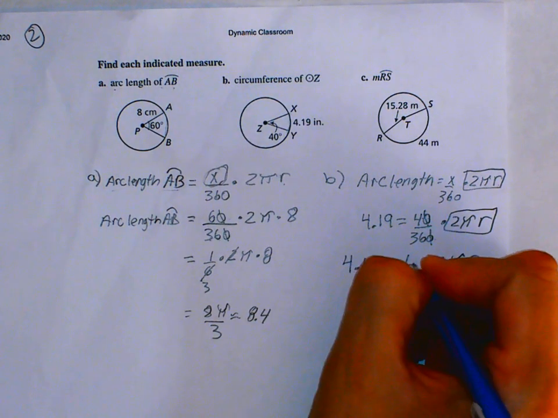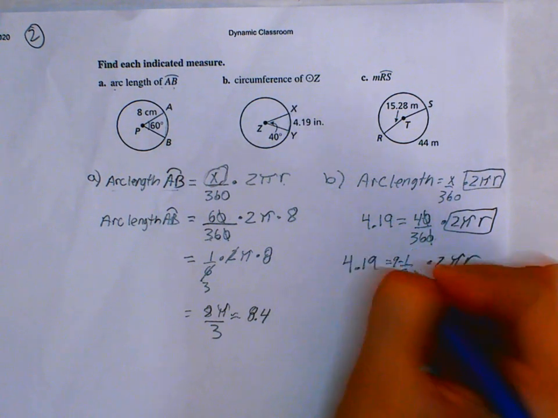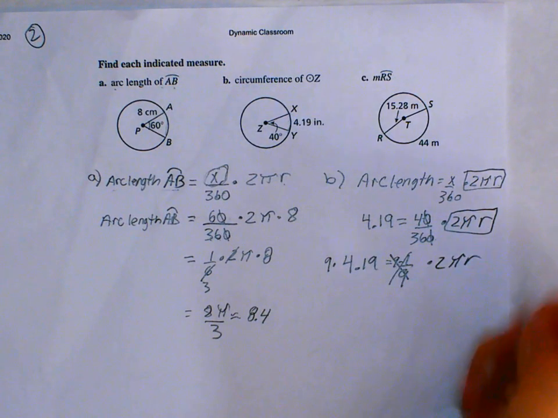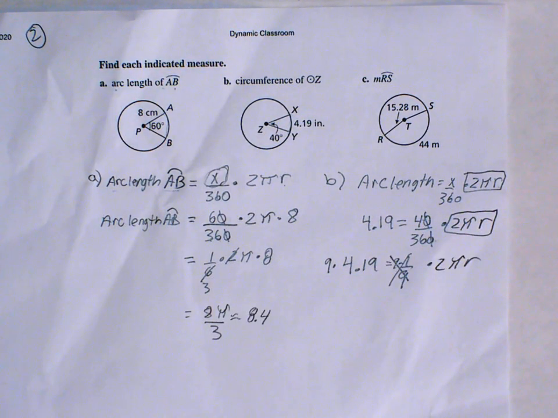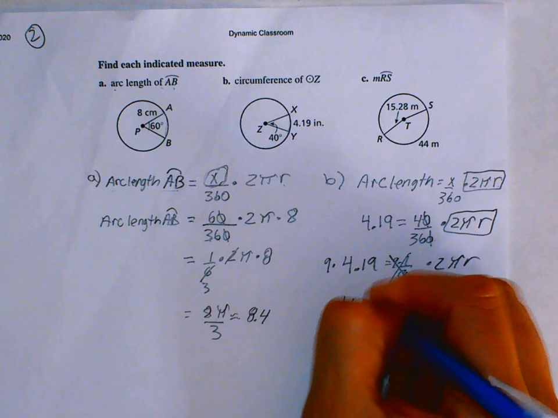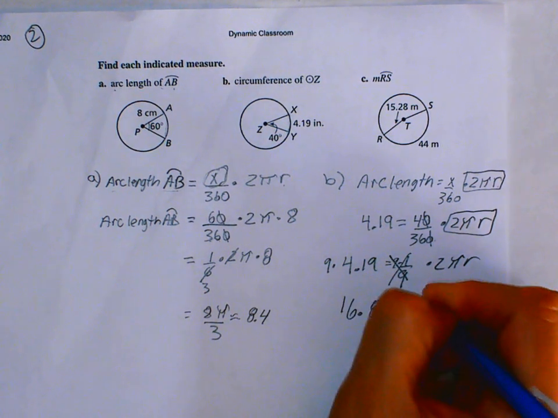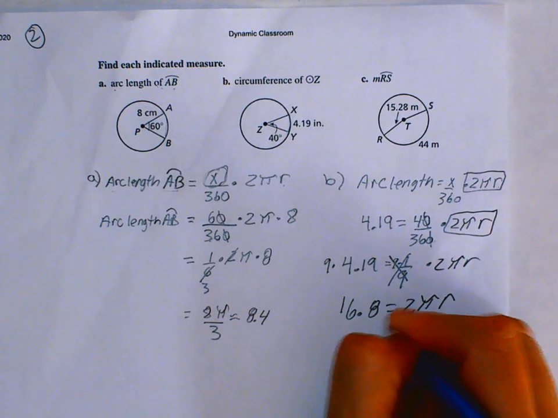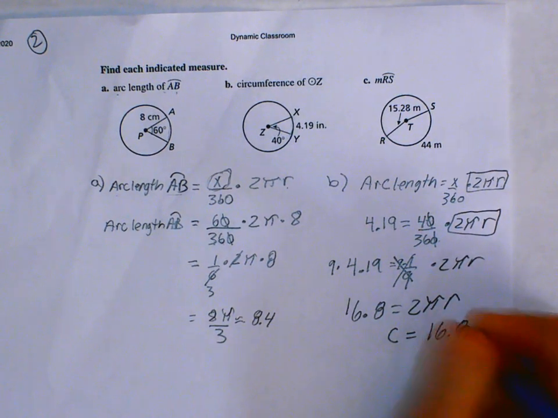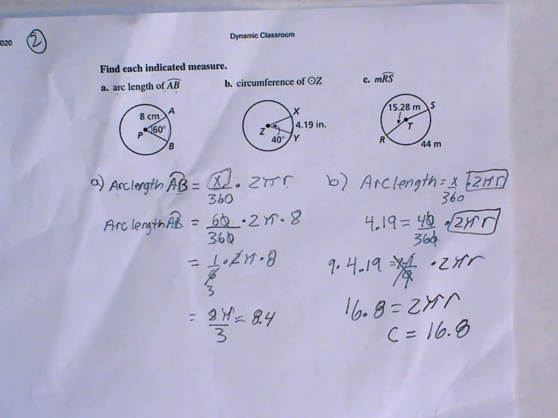So I multiply this by 9 and this by 9. And that gets rid of that. So 9 times 4.19 is equal to 16.8. And that's equal to 2 pi r. Now remember, 2 pi r is the circumference. So the circumference is about 16.8.